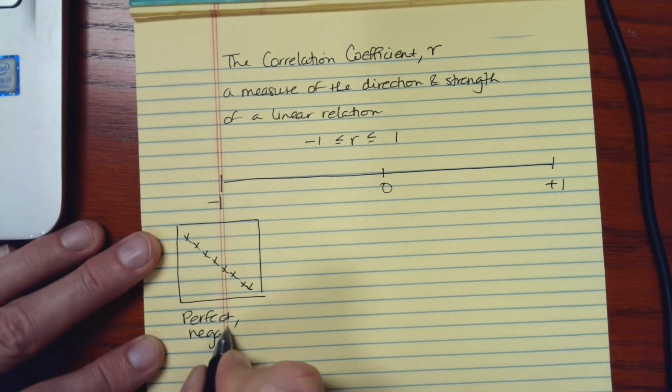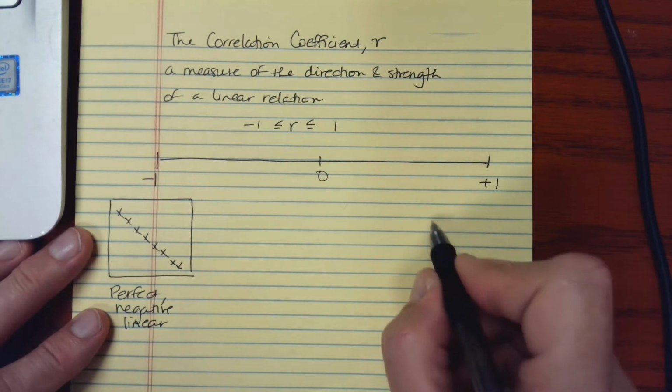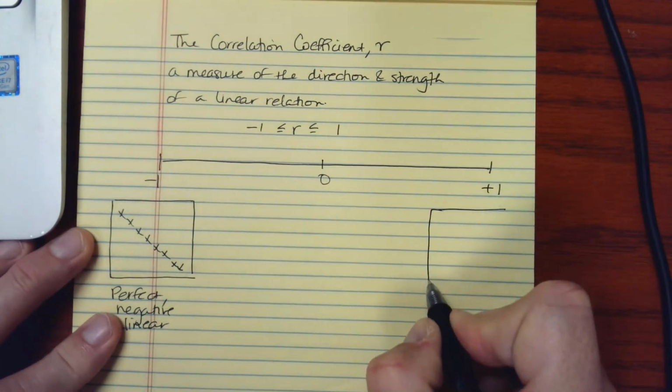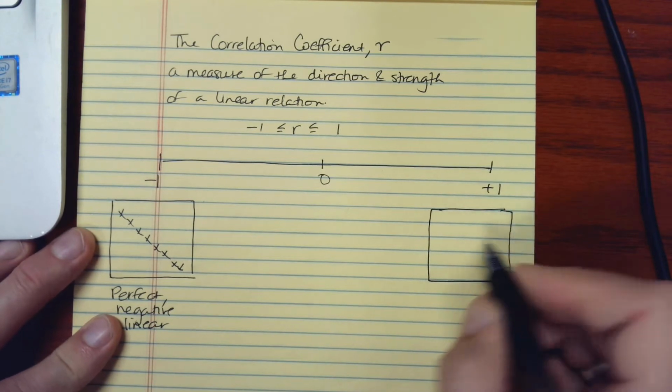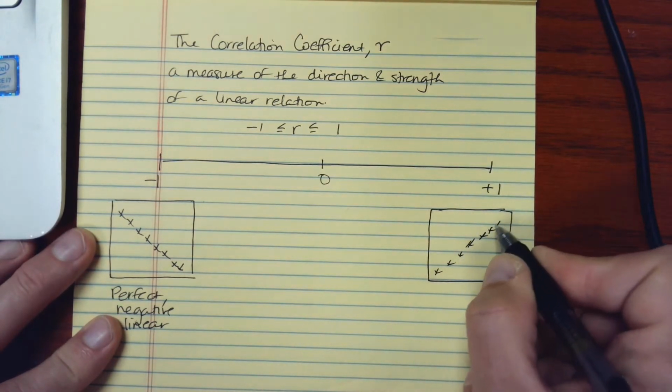On the other hand, if we have a value of 1 for the correlation coefficient, you may guess that that indicates a perfect positive linear relationship.